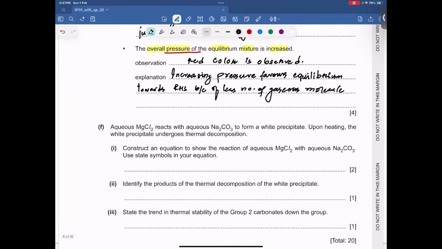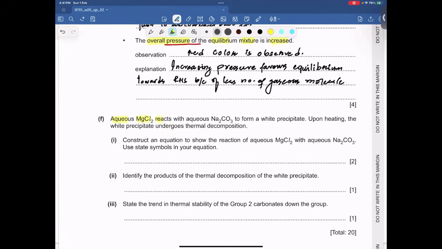Now in part F, aqueous MgCl2 reacts with aqueous sodium carbonate to form a white precipitate. That's called a double displacement reaction, guys. We have magnesium chloride in aqueous medium. It is reacting with sodium carbonate, converting into magnesium carbonate and sodium chloride.